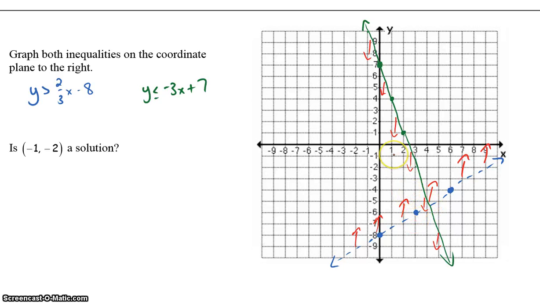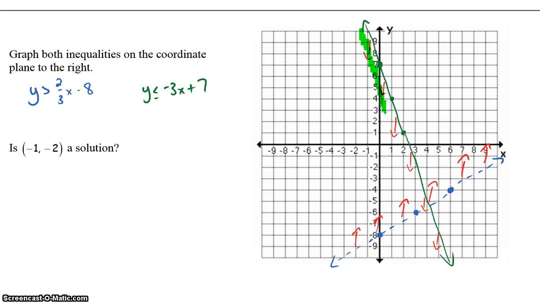The only one I want to shade in is the one where both arrows are located. In this case, it is in here, bordered under the green line and above the blue line. So again, I'll use my highlighter to show this.